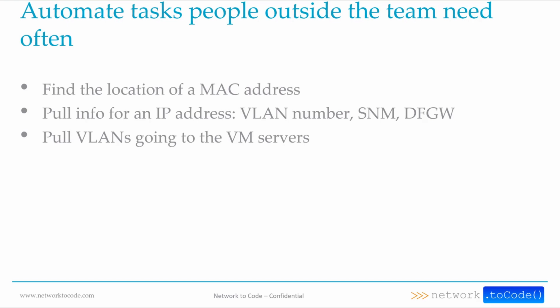So some examples I came up with were things like finding MAC addresses. Desktop management asks you to find a particular MAC address for a device they lost, or a sysadmin has the IP address for a server, but they don't know the other information they need to get it on, like the VLAN number, subnet mask, default gateway, or just pulling what VLANs are going to which VM servers.